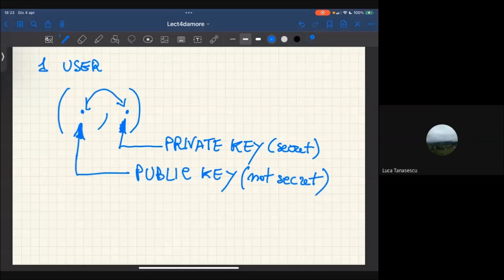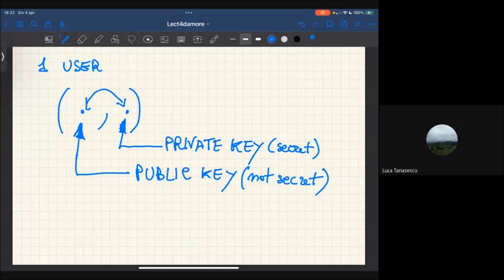I will do whatever for communicating my public key to everybody. And the private key should be kept secret, completely secret.